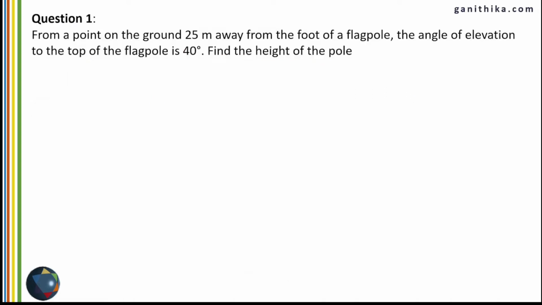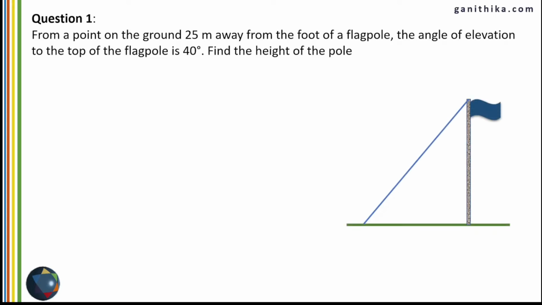The first question given in this website under this topic is, from a point on the ground 25 meters away from the foot of a flagpole, the angle of elevation to the top of the flagpole is 40 degrees. Find the height of the pole. So let's draw the diagram here. You have a ground and there is a point A on the ground and there is a flagpole standing vertically above the ground.